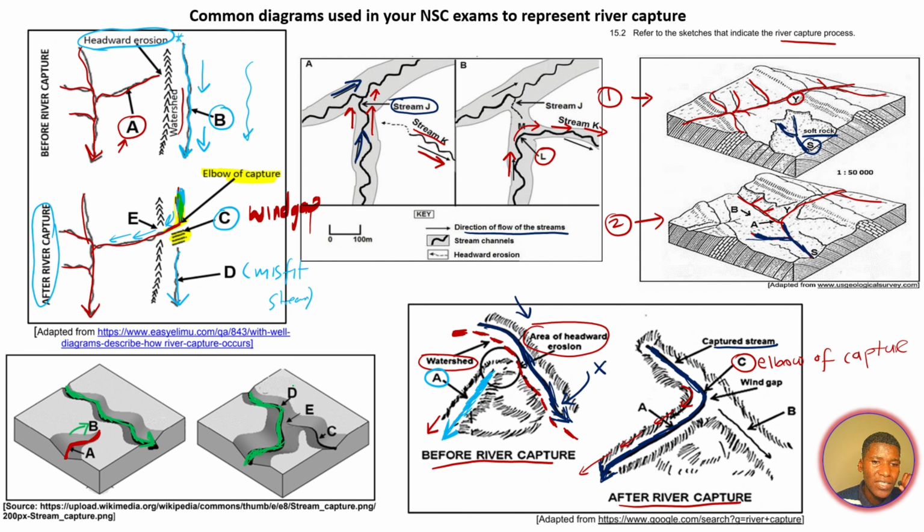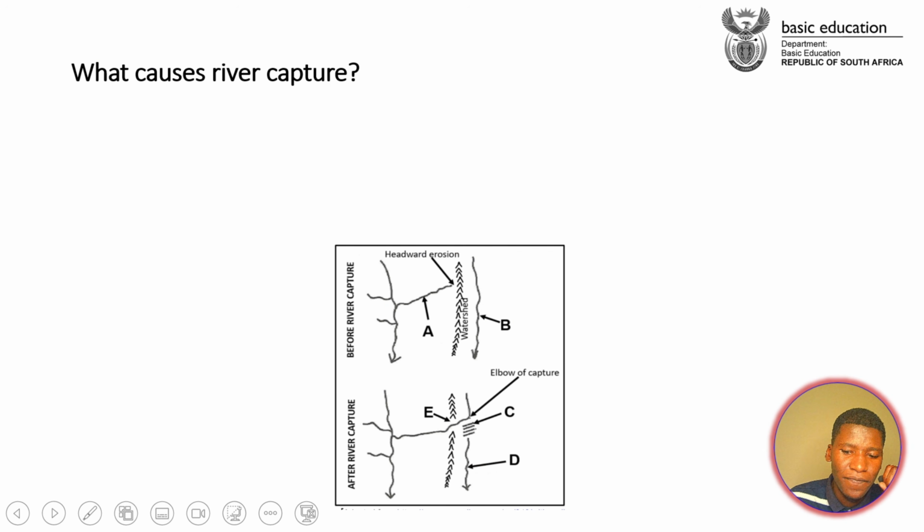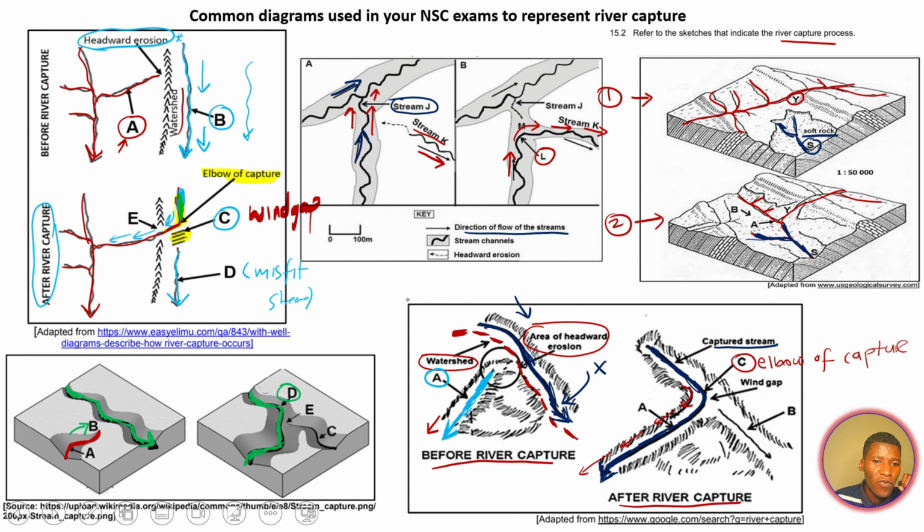In this case, we have got part D. Part D here will represent the elbow of capture. Why do we say it's an elbow of capture?